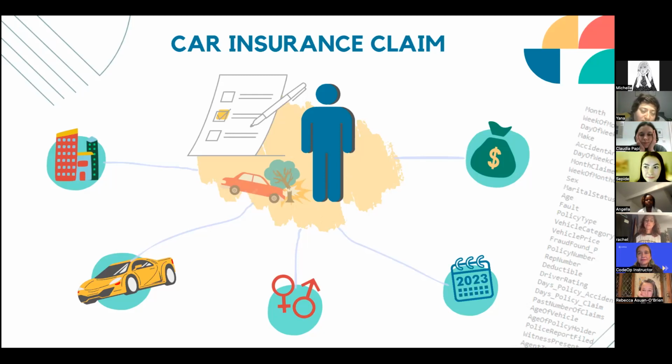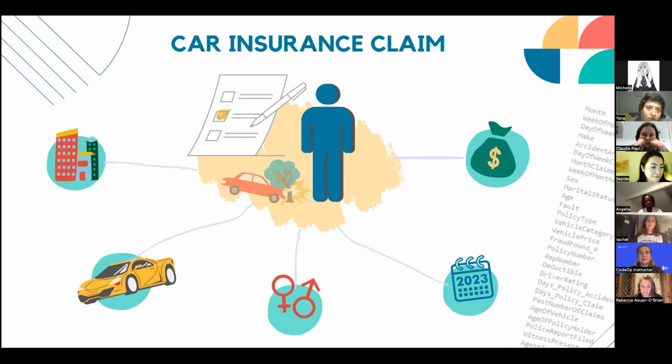The information that a single claim contains is on the driver, things like the driver rating, gender, age, things about the accident, for example, whether it took place in a rural versus urban area, information about the vehicle, whether it's a sports car, a sedan, a utility vehicle, some time information about what day of the week or month the accident took place, and also when the claim was submitted, and things like the value of the vehicle.